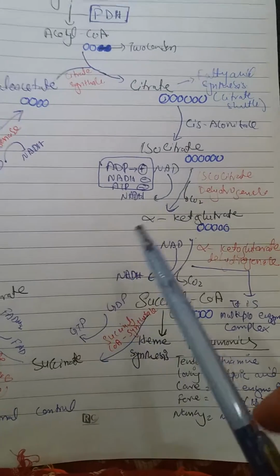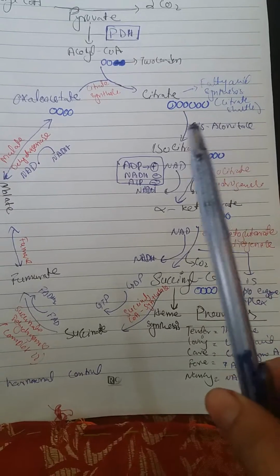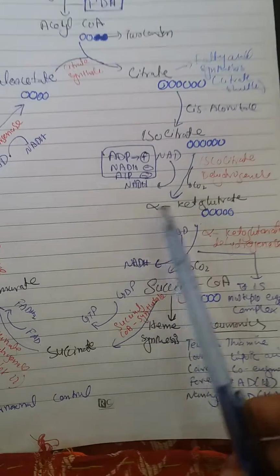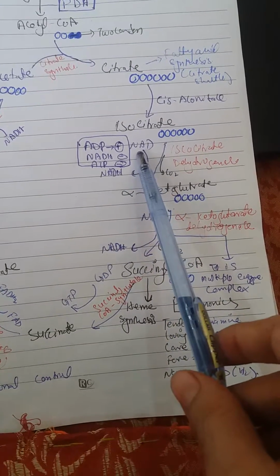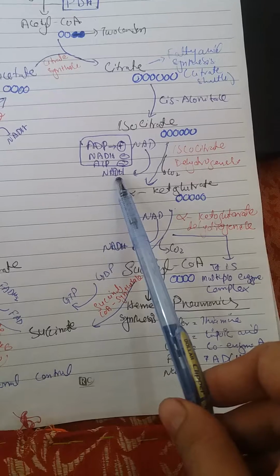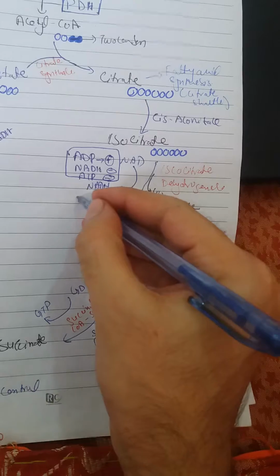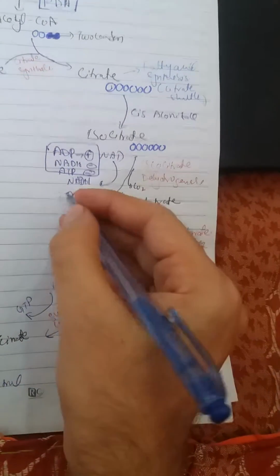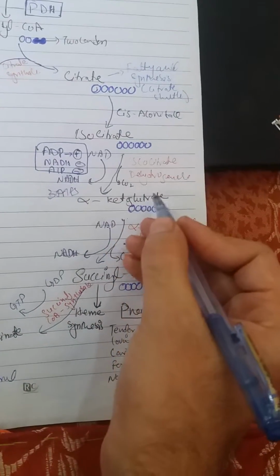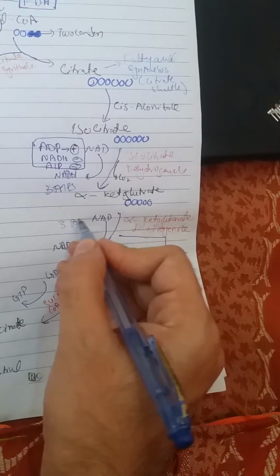Now what's important here is how many ATPs are formed from this citric acid cycle. We know that when NAD is converted to NADH, we can form 3 ATPs. So we have 3 ATP here, 3 from isocitrate dehydrogenase and 3 from alpha ketoglutarate dehydrogenase.